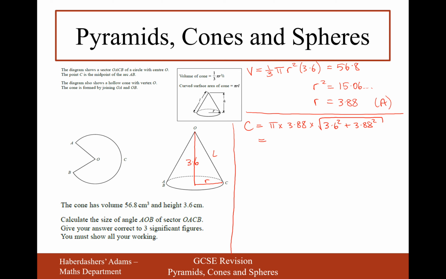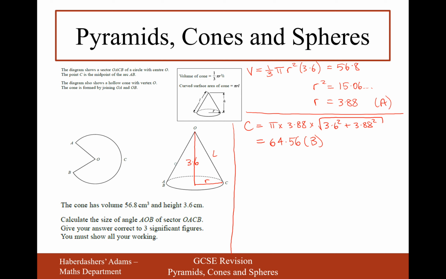So let's work that out. That's going to equal 64.56. Now I reckon that's an important value, so I'm going to store it in my calculator as B. Okay, lovely, that's stored as B now.